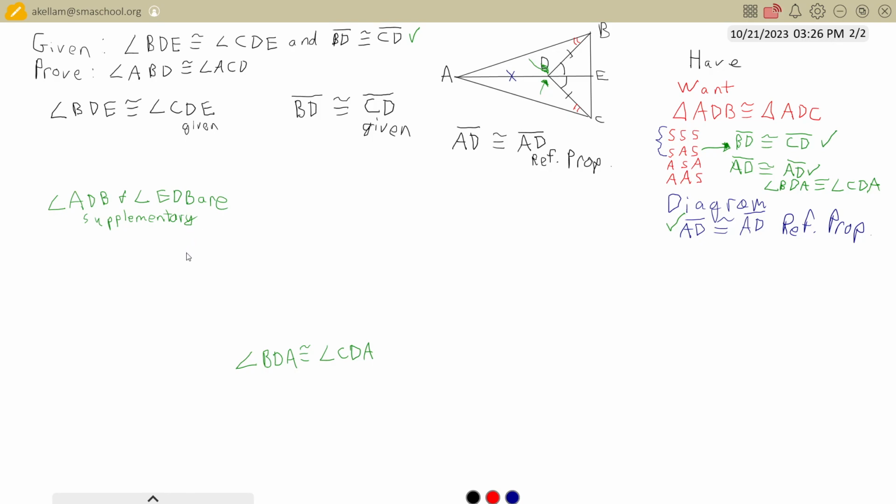I also can see from my diagram that angle ADC and angle CDE are supplementary.